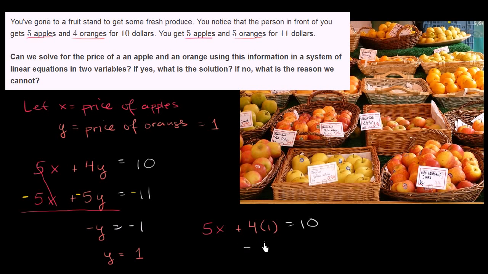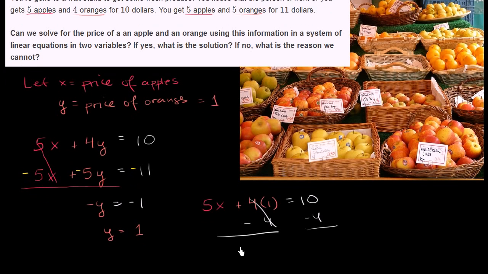Let's subtract 4 from both sides. 4 times 1 minus 4 just cancels out. We're just going to be left with 5x on the left-hand side. And on the right-hand side, we have 10 minus 4, which is equal to 6.